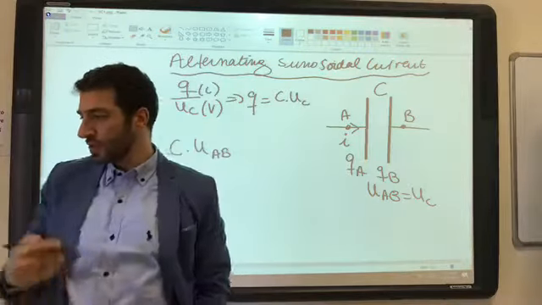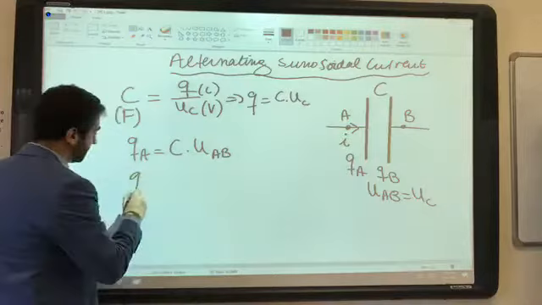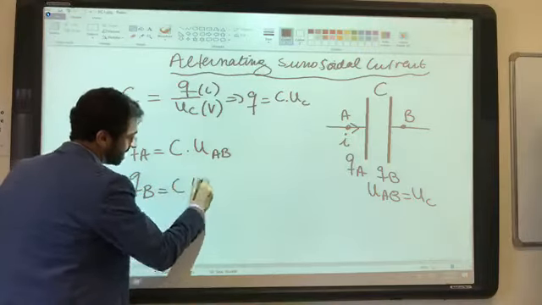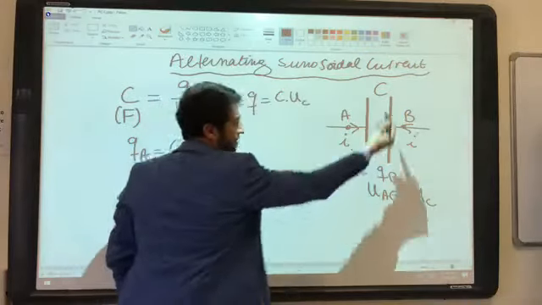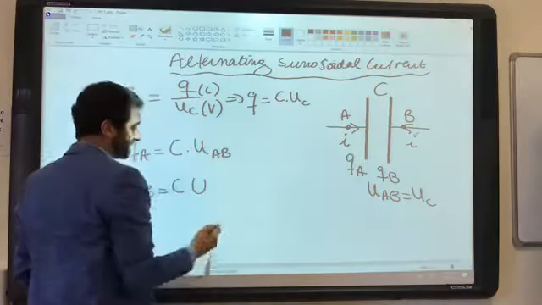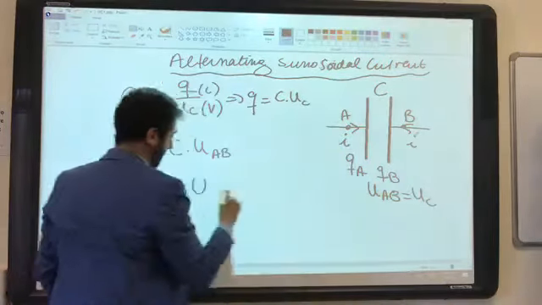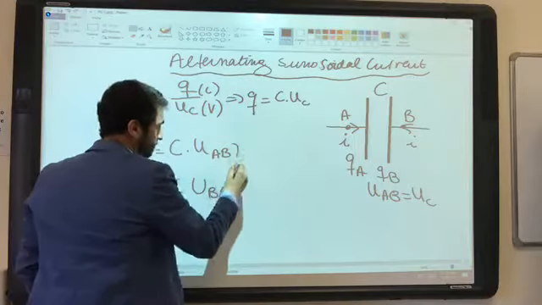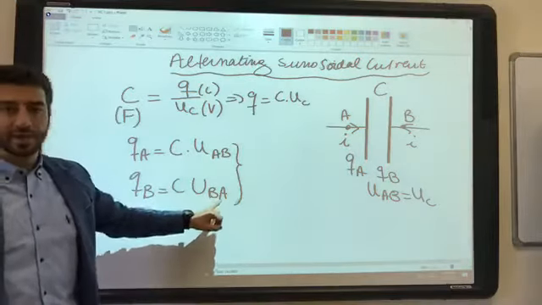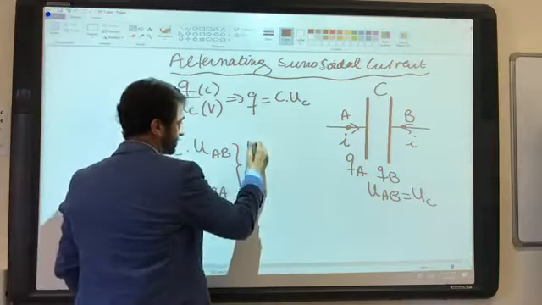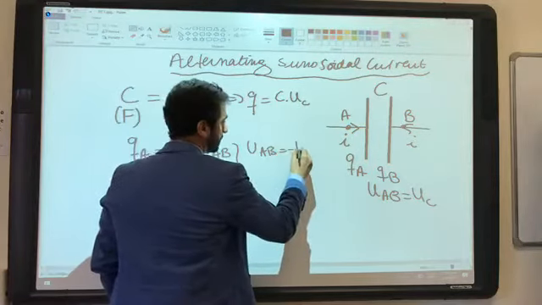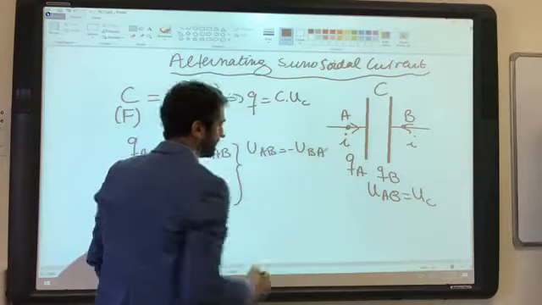However, if it is QB, what is QB? It is C times the voltage from here, if the current is going in this direction. So QB is equal to the capacitance times UBA. What does this mean? UAB and UBA are two opposite voltages, so UAB is equal to minus UBA.